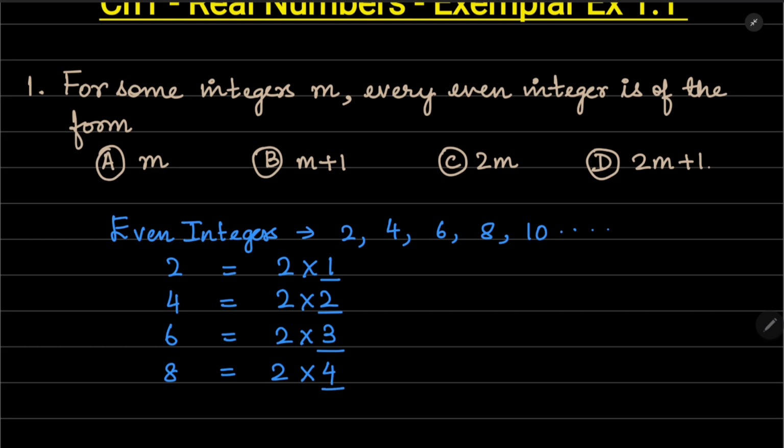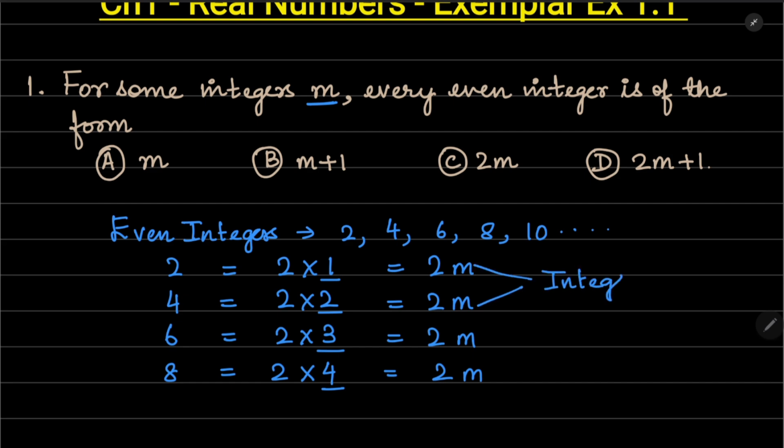These are integers, natural numbers. I can replace 1, 2, 3 with m. So it's 2m where m is 1, again 2m where m is 2, where m is 3, and where m is 4, where m refers to an integer.